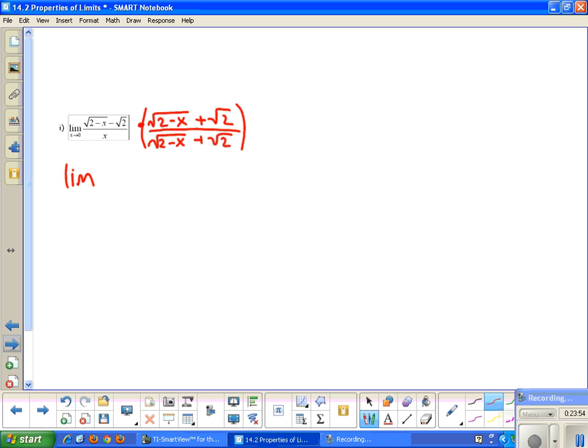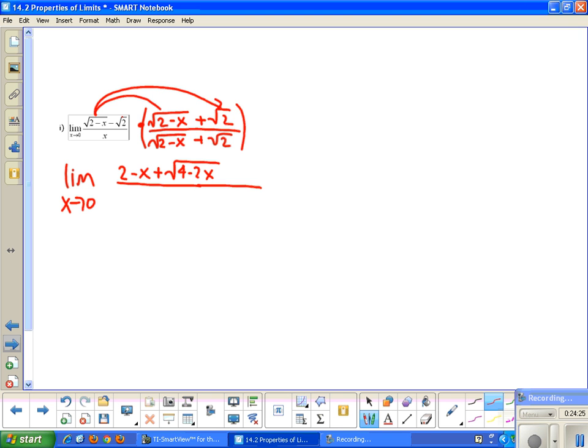So when I do that, I'm really finding the limit as x approaches 0. I'd take this times this term here, which would just give me 2 minus x, because the radical would go away since you're squaring it. And then you have this times this term, which becomes plus the square root of, you're doing 2 times 2 minus x underneath the radical, so that would be 4 minus 2x.